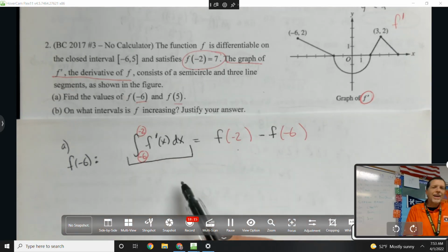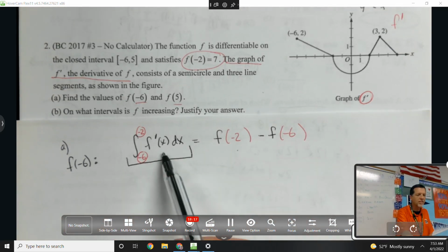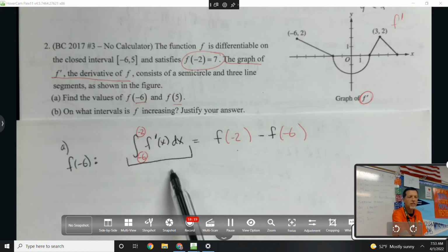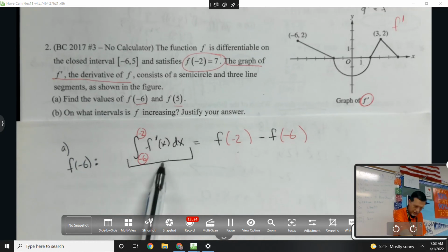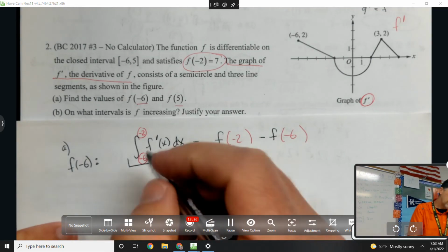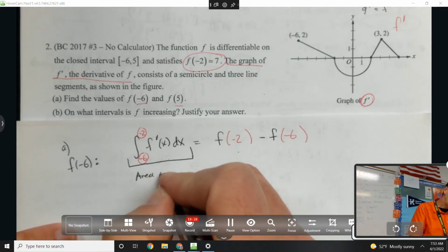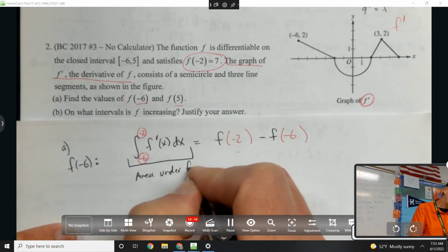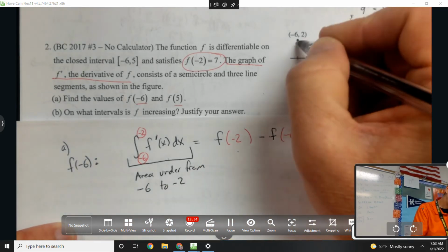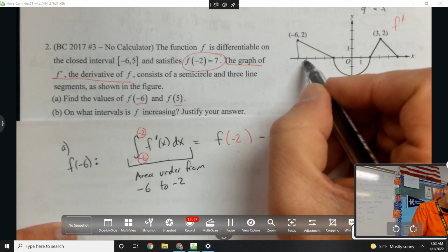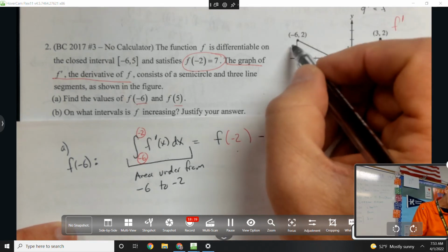So how can I figure out what this integral is? That's going to be the area under the curve. Area under f prime from negative 6 to negative 2. 1, 2, 3, 4 times 2.